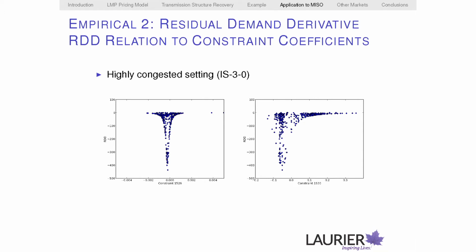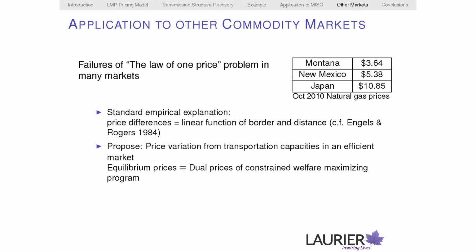Okay, so just briefly, I have about 2 minutes, but my question is, and I'd love to get some feedback, whether this can be applied to other commodity markets. The typical empirical explanation is that price differences in different areas are a linear function of a border and distance.